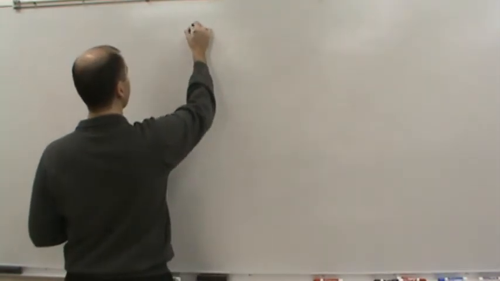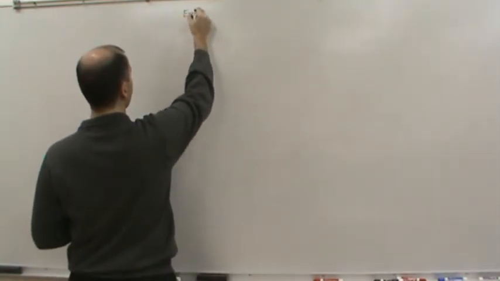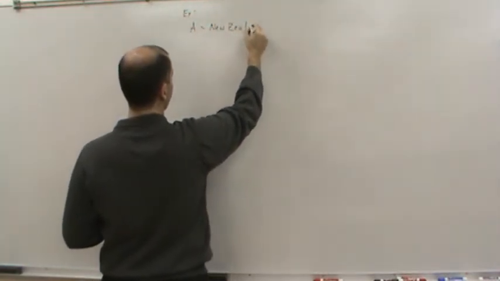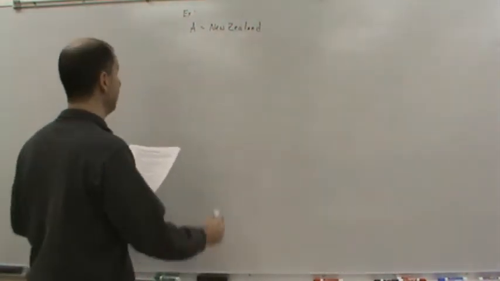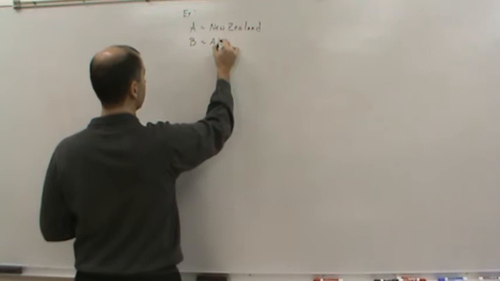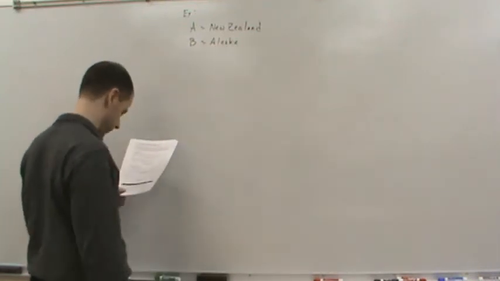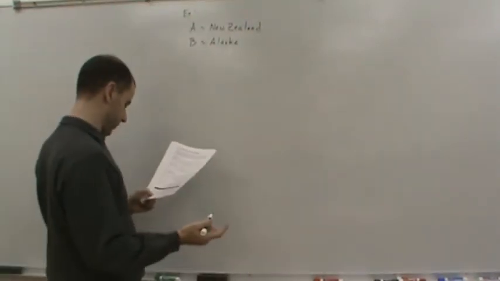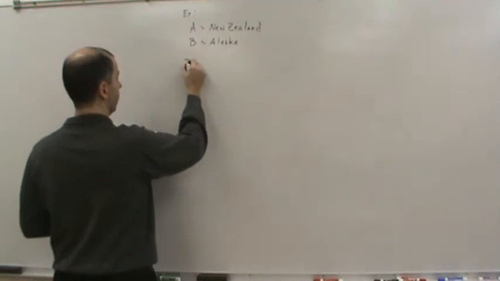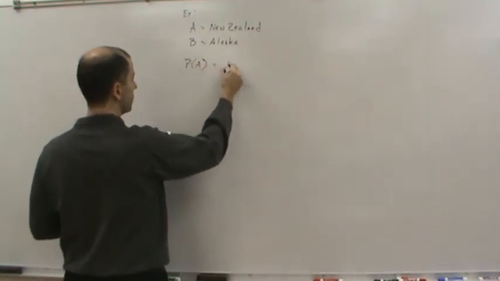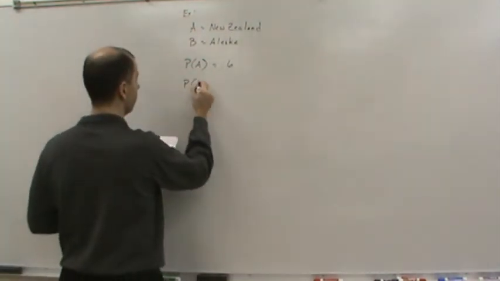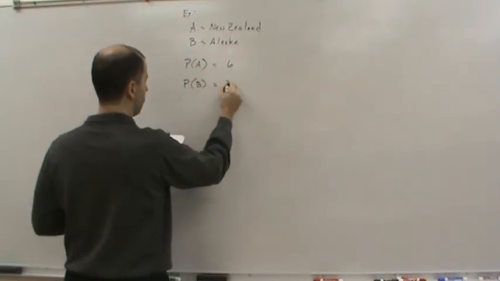His choices are A, New Zealand, and B, Alaska. The probability that he chooses A to go to New Zealand is 0.6. So the probability of choosing New Zealand is 0.6. And the probability that he chooses B to go to Alaska is 0.35.